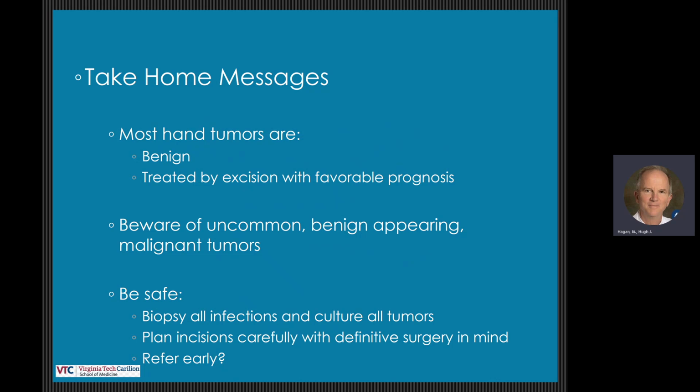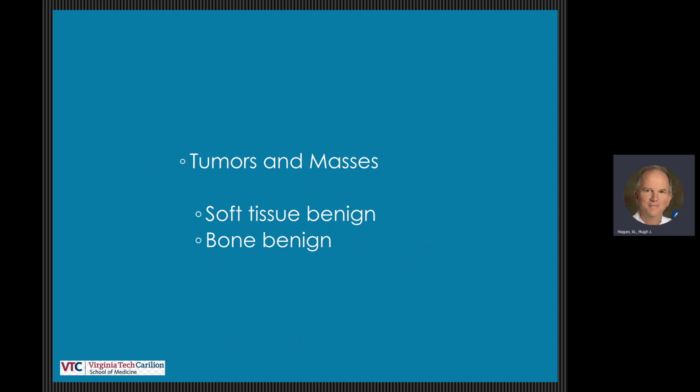When treating tumors, you should plan incisions carefully with definitive surgery in mind if the lesion turns out to be aggressive or malignant. And you should consider early referral for tumors that may be malignant, particularly if you have limited experience dealing with them surgically. We will begin by looking at soft tissue benign tumors and benign bone tumors.